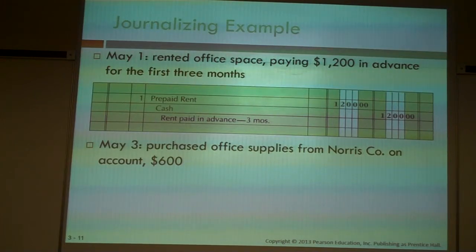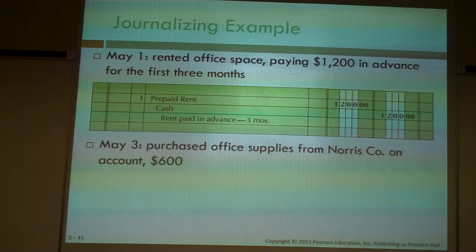All right, on the 3rd, we purchased office equipment from Norris Company on account, $600. Purchased office equipment, and we're making a promise to pay. What 2 accounts are affected? Office supplies and equipment, accounts payable.